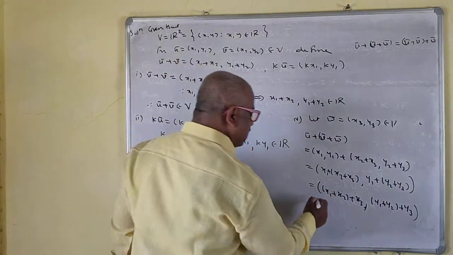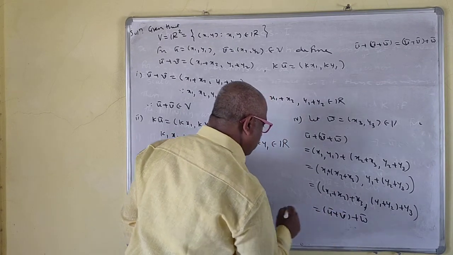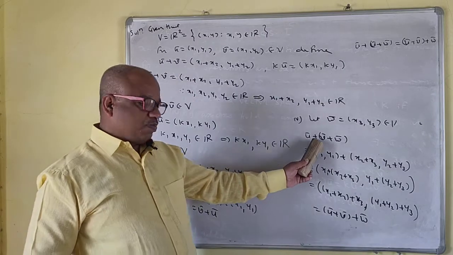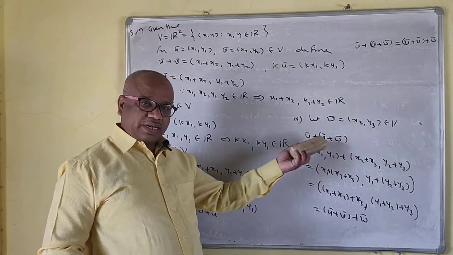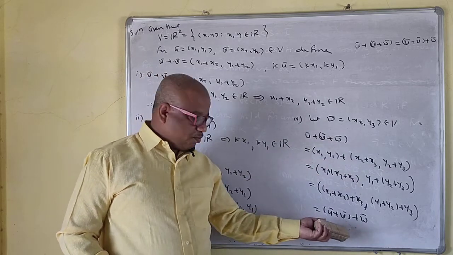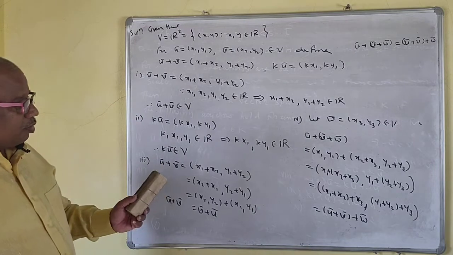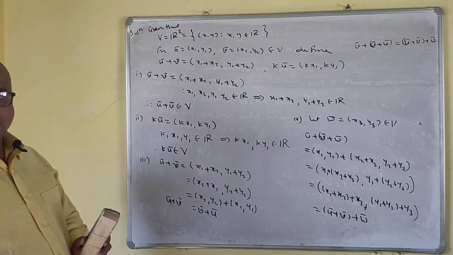Now this is the same as (u bar plus v bar) plus w bar. See, the bracket was for the last two here, and we need the bracket for the first two. So the fourth axiom also holds here.